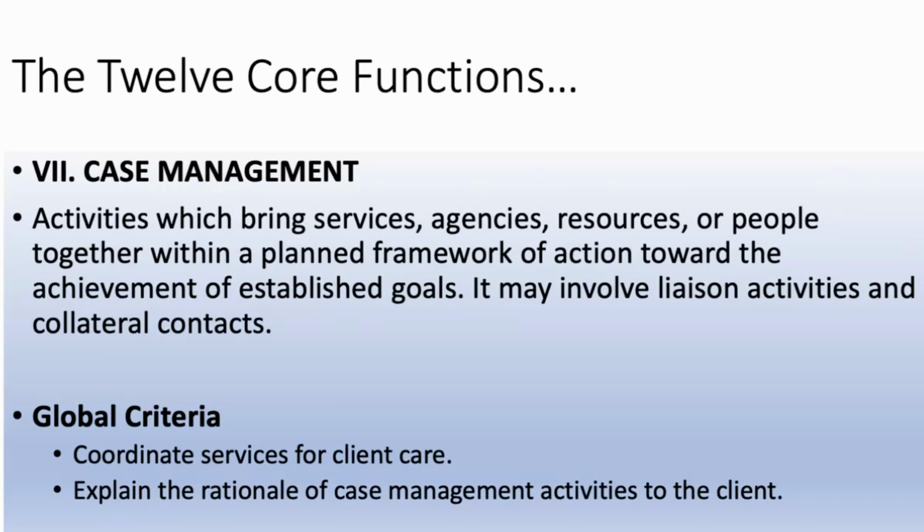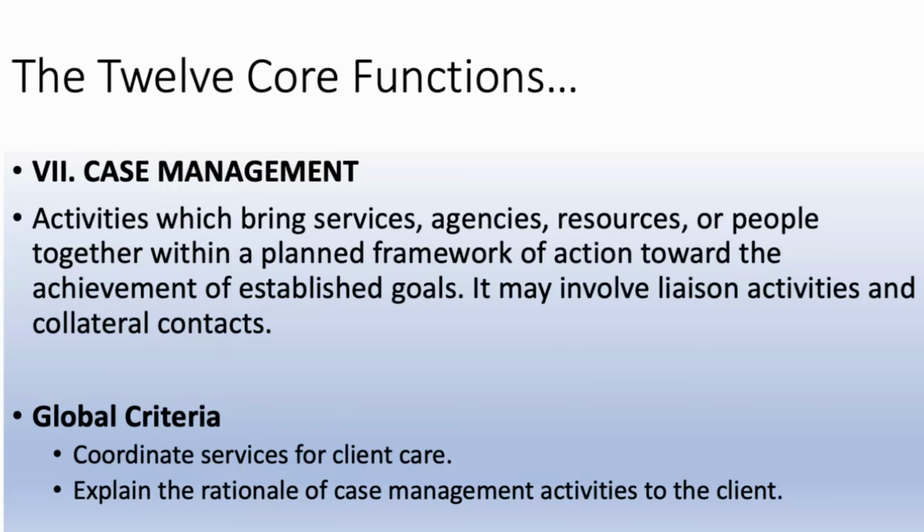So, first, what is Core Function 7 case management? It is activities which bring services, agencies, resources, or people together within a planned framework of action for the achievement of established goals. And in case you missed it, that's kind of referring to the treatment plan.